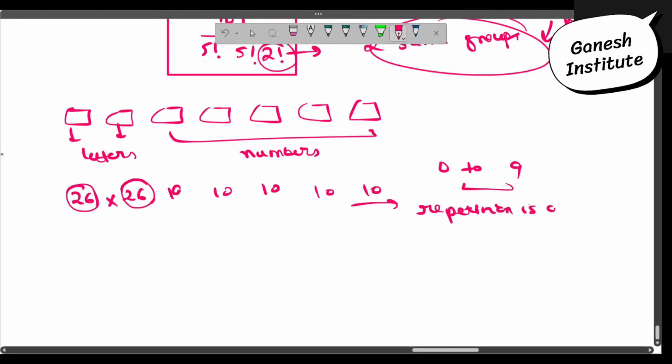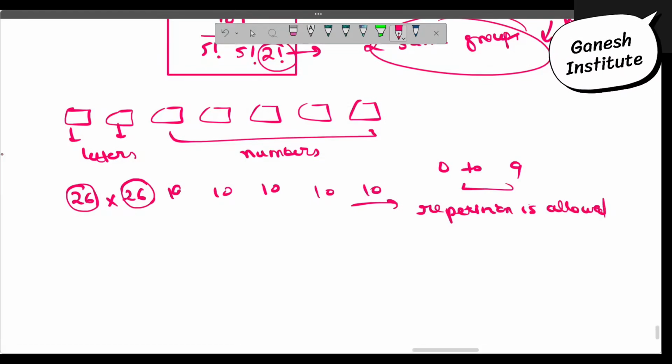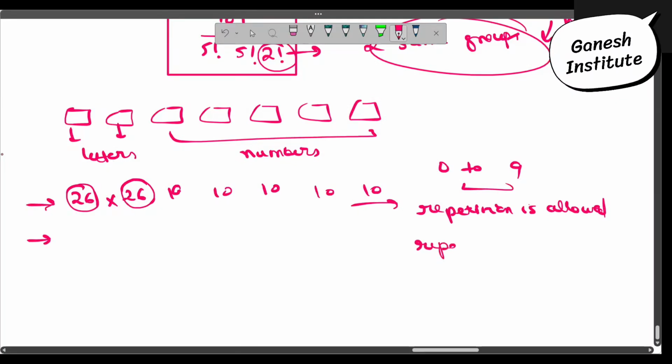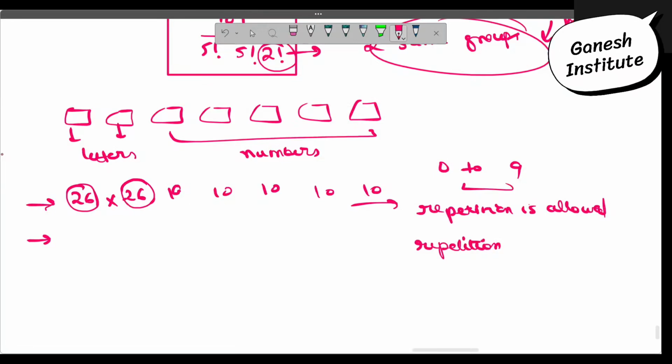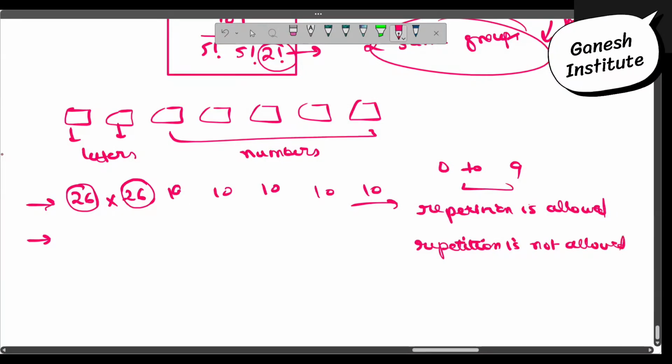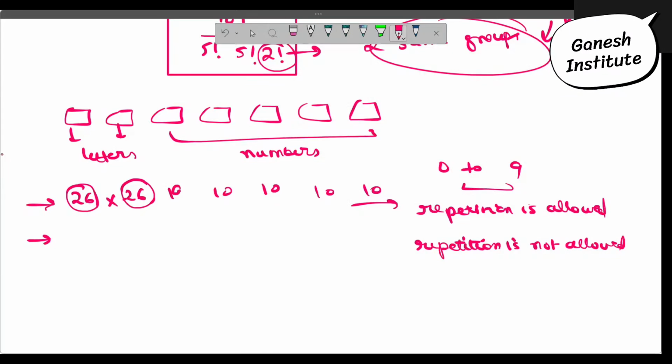A factorial won't be there. And then if repetition is not allowed, then 26, 25, 10, 9, 8, 7. Perfect.